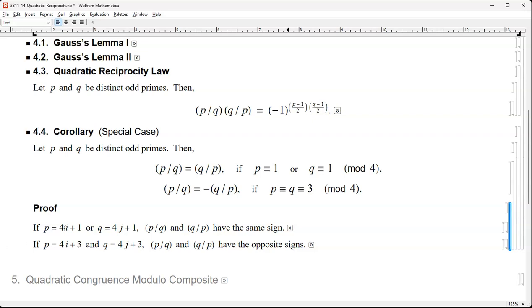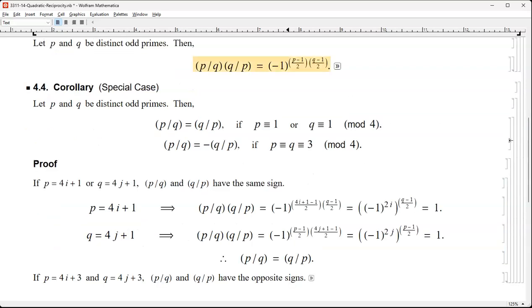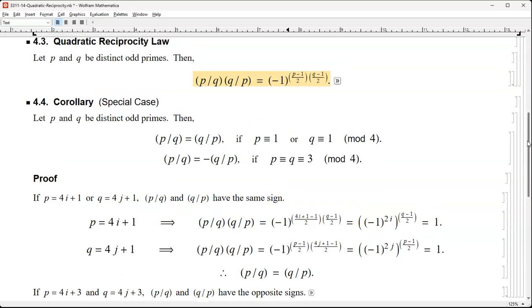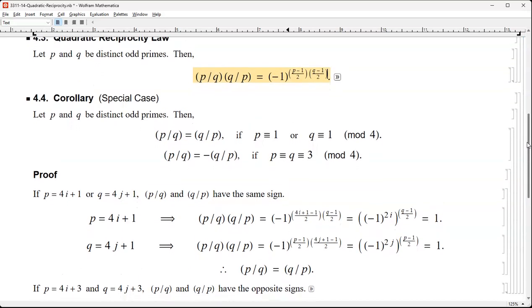Okay, first case: if p is congruent to 1 mod 4, p = 4i plus 1, or q is congruent to 1 mod 4, q = 4j plus 1. In that case we have this computation directly from the quadratic reciprocity law. Put it into this computation, what do you get? 4i plus 1, minus 1, divided by 2, we get 2i.